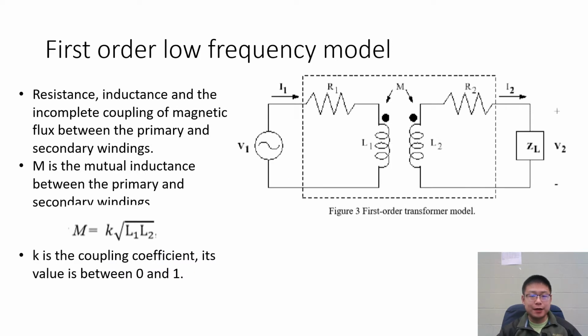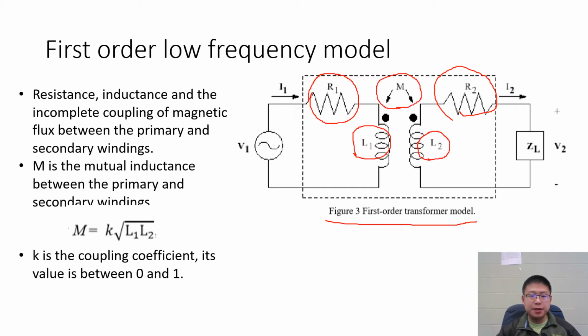Now let's take a look at the first order low frequency model as shown in figure 3. When compared with the ideal model, there are two resistors R1 and R2 and two inductors L1 and L2 and M. M is the mutual inductance between the primary and the secondary winding, and M can be calculated using this equation.